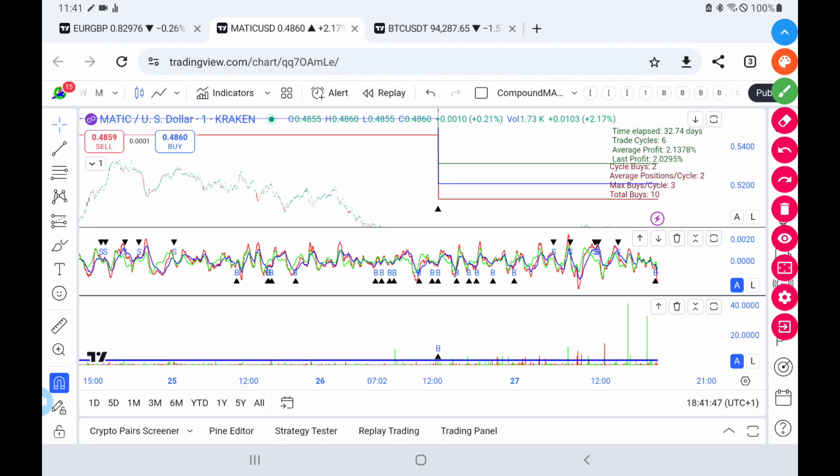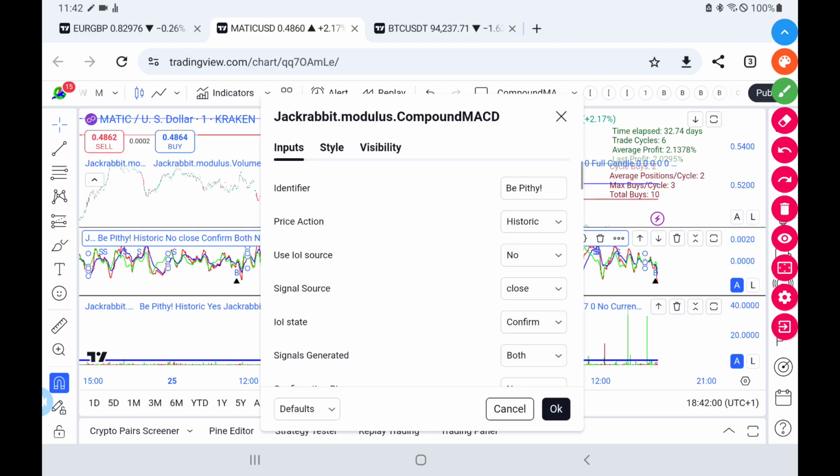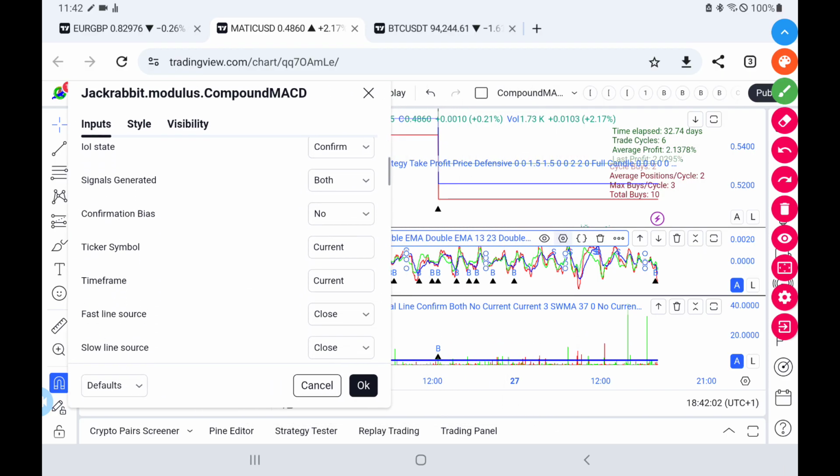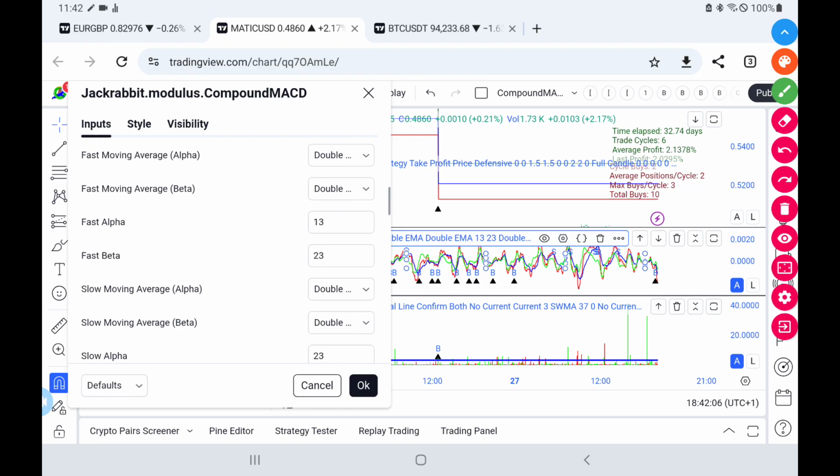Now this is a significantly more aggressive compound MACD, and I'll bring up the settings so we can take a look at them. Going down to the alpha line, we can see that the fast alpha is 13, the slow alpha is 23.